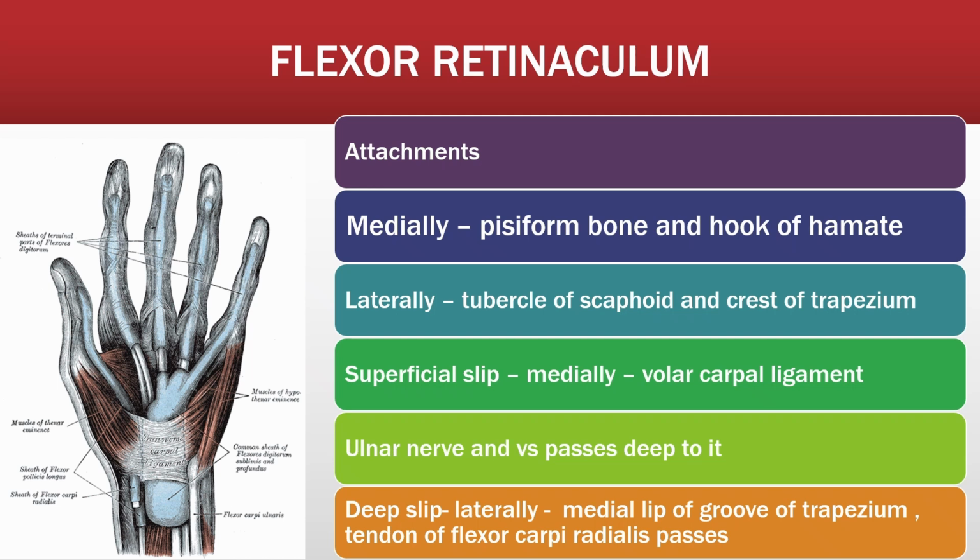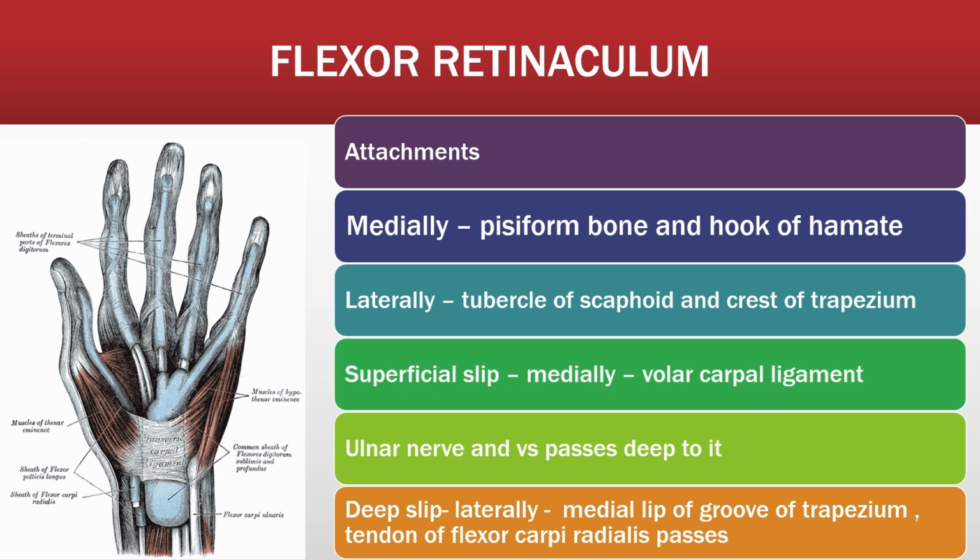Then the ulnar nerve and the vessels pass deep to it. The deep slip is laterally present, on the medial lip of the groove of the trapezium, and you have the tendon of the flexor carpi radialis that passes through it.